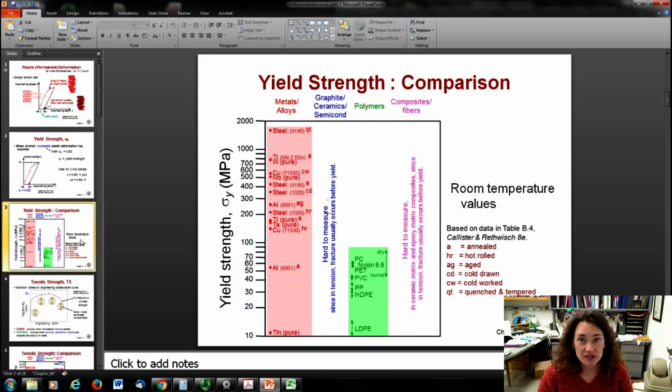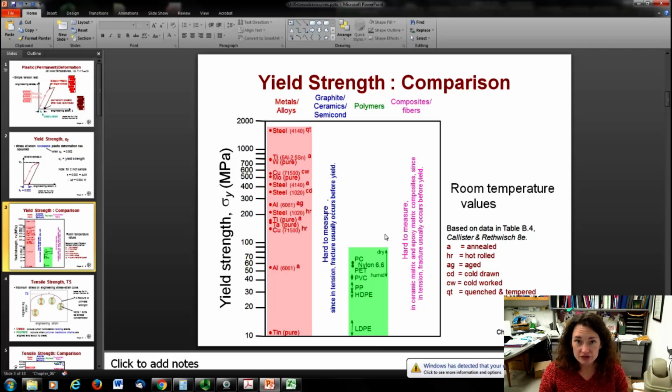If you compare the yield strengths for different materials, it's really hard to measure that for ceramics because they just break, right? As we discussed last time, you put a ceramic material under a stress and it'll fracture once it gets past that elastic regime, and so you just can't measure it at all. But yield strengths for metals and alloys can range into the gigapascal range up here for steel, and then all the way down to very low values for something like tin.